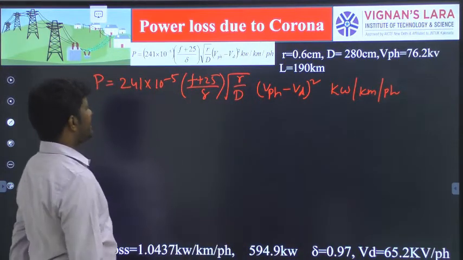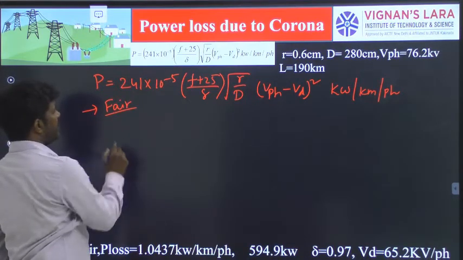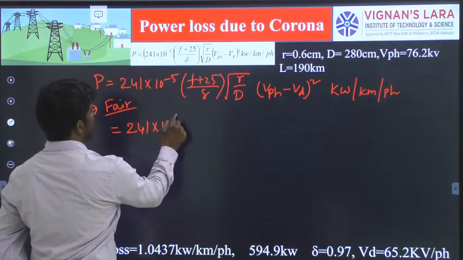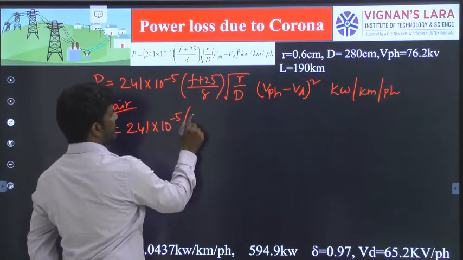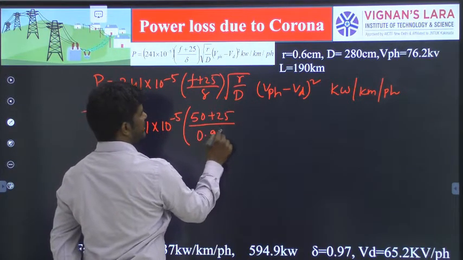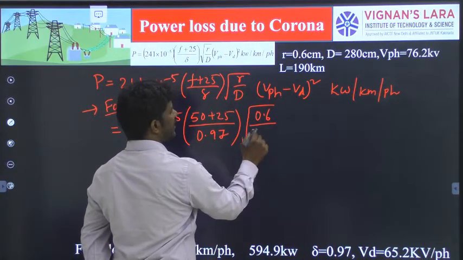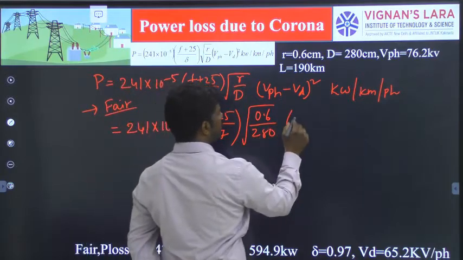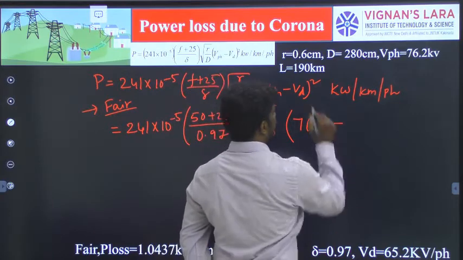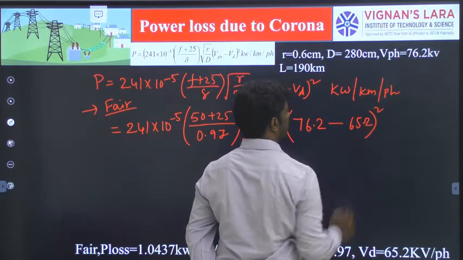So as per our calculation, let me do it for fair weather condition. Directly I will substitute the magnitudes: 241 into 10 power minus 5 into frequency 50 Hz plus 25 by delta value 0.97 into square root of R value 0.6, D value 280 centimeters, into V phase 76.2 kV minus disruptive critical voltage 65.2 kV whole square.